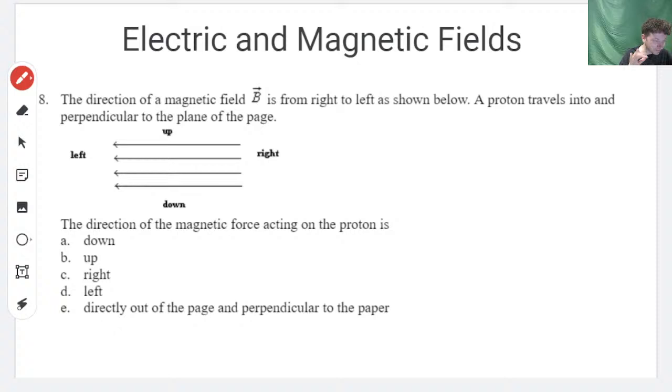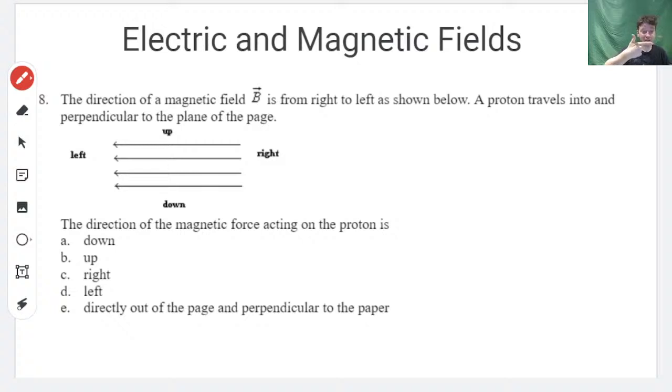Now there are different variants for the right hand rule. They'll all give you the same answer, but the one I use in my class goes like this. So you hold your hand like this. Your index finger, you're going to point in the direction of the magnetic field. I don't know if the picture you're seeing is inverted or not, but try it. Put your index finger in the direction of the magnetic field, which in this case is to the left.